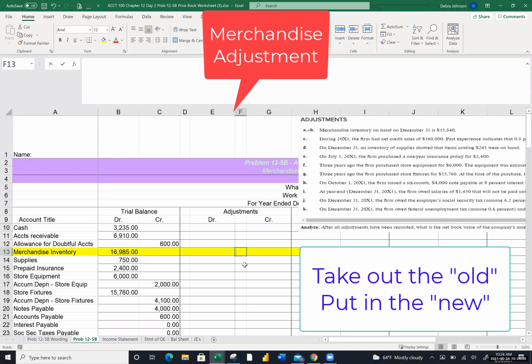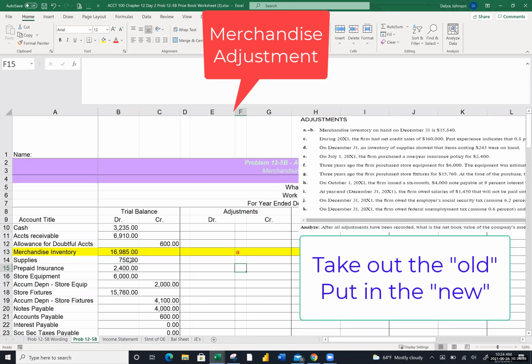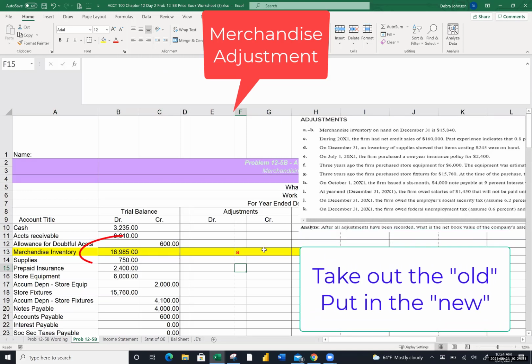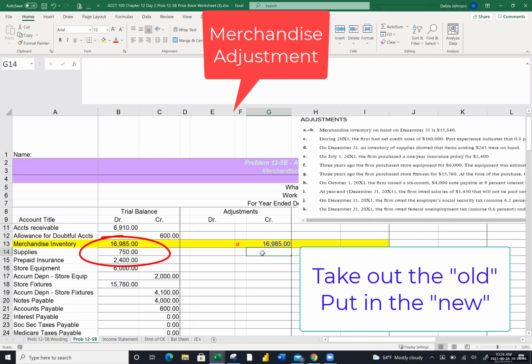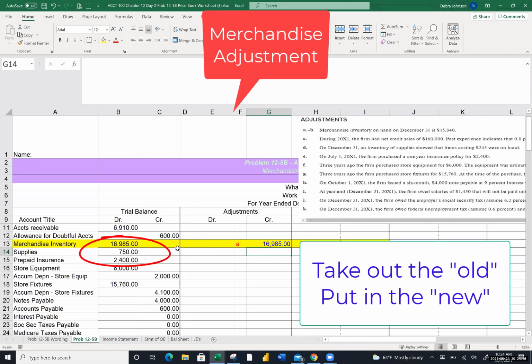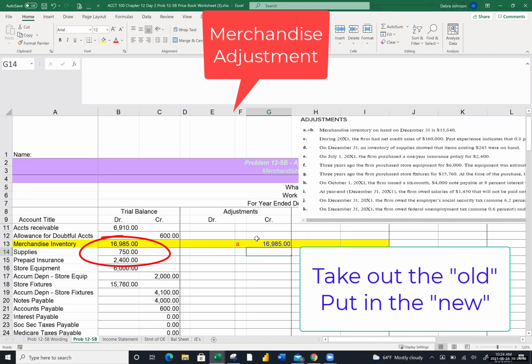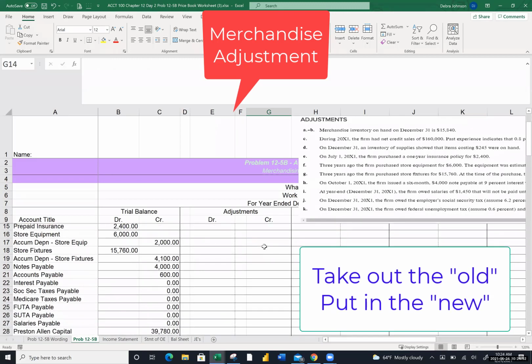Okay, well, I'm looking at a yellow inventory number of 16,985. Step one, get it out of there. So I'm going to 16,985, I'm going to credit the inventory account, and the debit is going to go to that dummy account called income summary. So put that credit in here to merchandise inventory, and then go find the income summary.